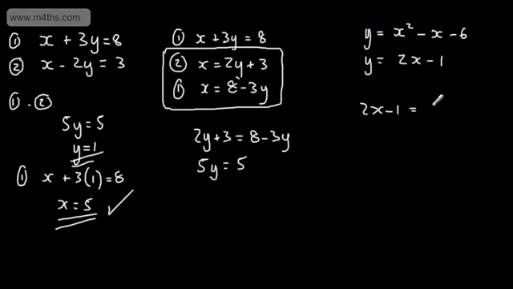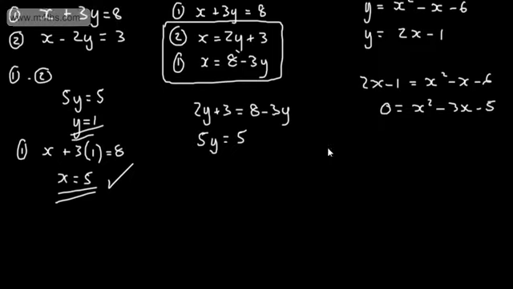So we could just write 2x minus 1 is equal to x squared minus x minus 6, a quadratic equation in x, x squared minus 3x minus 5 is equal to 0, and go ahead and see if there are any solutions to that equation. So you can see by making y the subject, we've essentially eliminated it. And again, we'll look at that as we go.